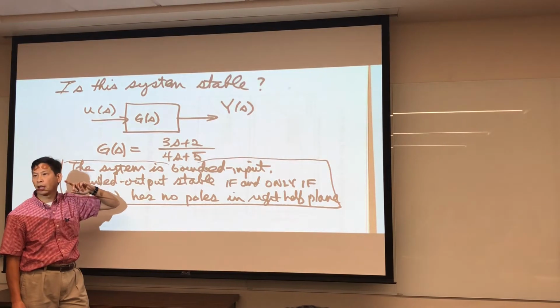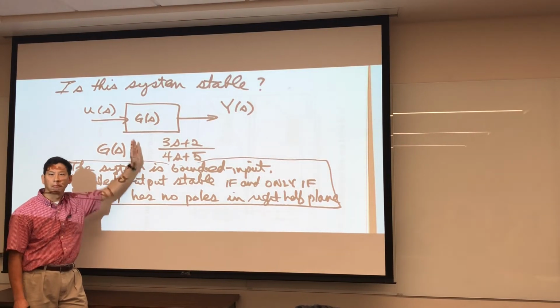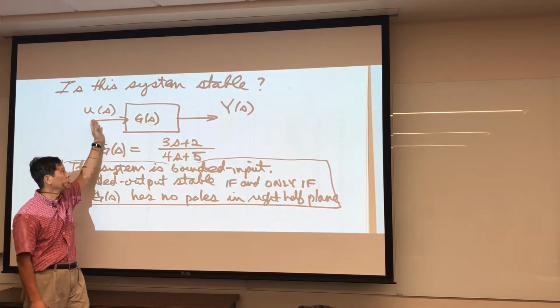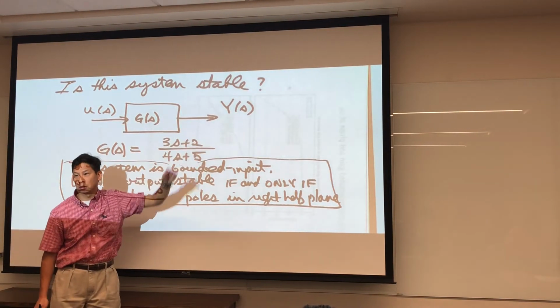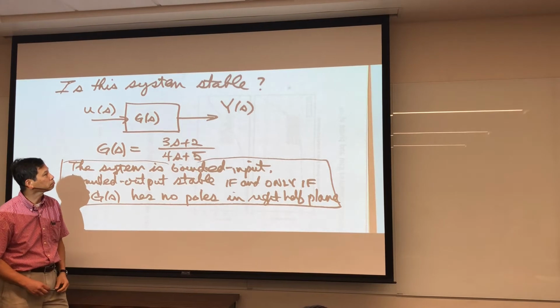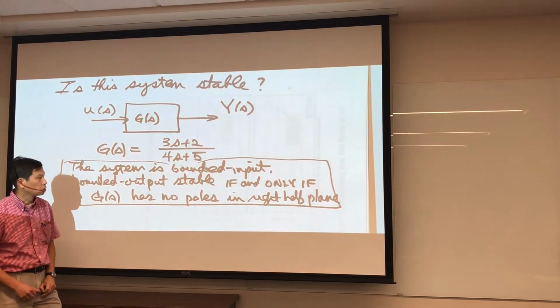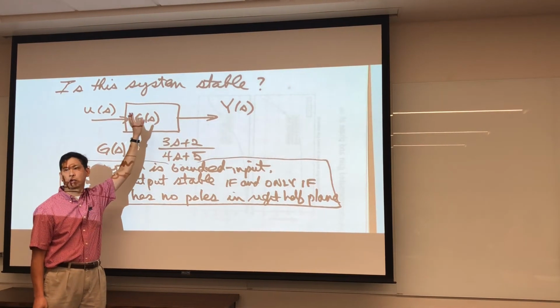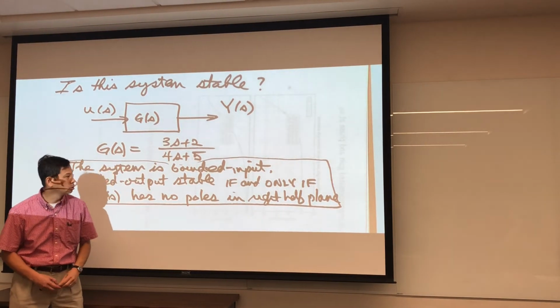If there's a disturbance that comes in, I'm ignoring that input. I'm looking at the relationship between input and output. So by looking at this equation, can I tell whether or not the system is going to be stable?